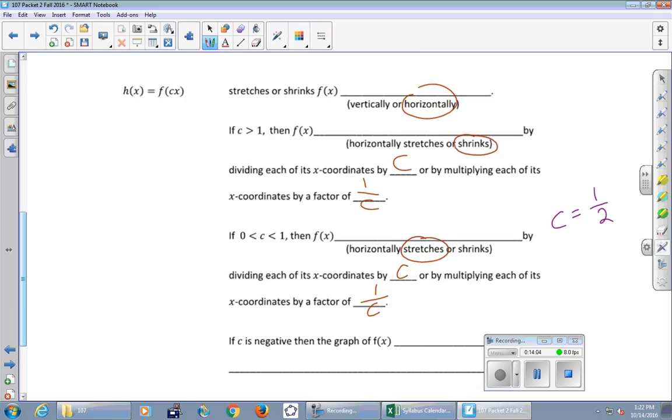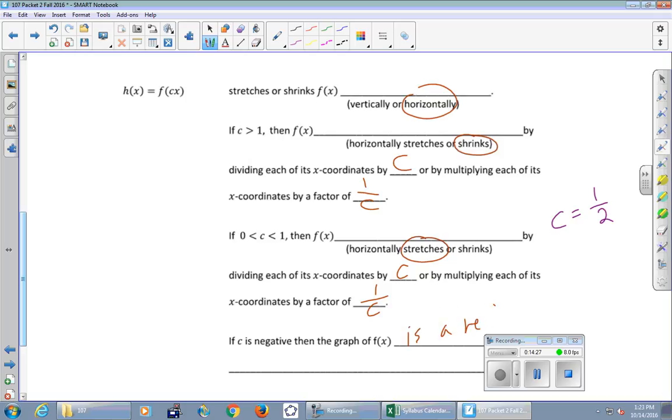I know I've been complaining, but at the very least, we do have some consistency here, right? It is always consistently divide by c or multiply by 1 over c. Makes no difference whether it's a shrink or a stretch. It's the same answer, same process either way. Okay, and then if c is negative, then the graph of f is, let's see, so it's another reflection, right? Reflection over what line?